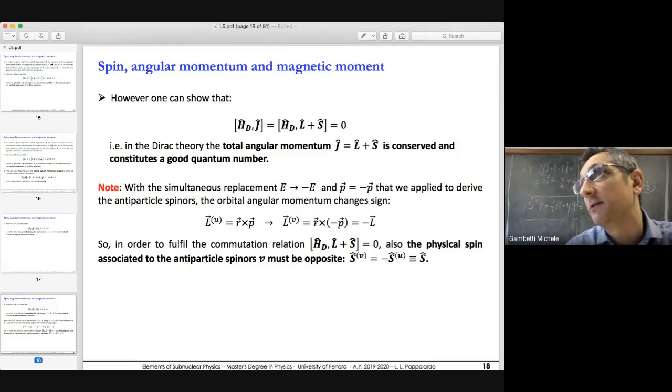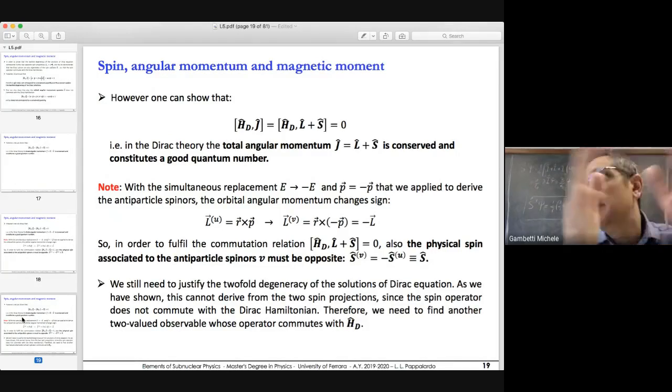The position vector stays the same, but the momentum vector changes sign. And so overall, for the antiparticle, the orbital angular momentum changes sign. Since we still want to fulfill this commutation rule, this can only be possible if also the spin operator changes sign for antiparticle solutions, so that the spin operator for the antiparticle is minus the spin operator for the particle that we so far just called S. If you allow both to change sign, then this is fulfilled as you want it to be.